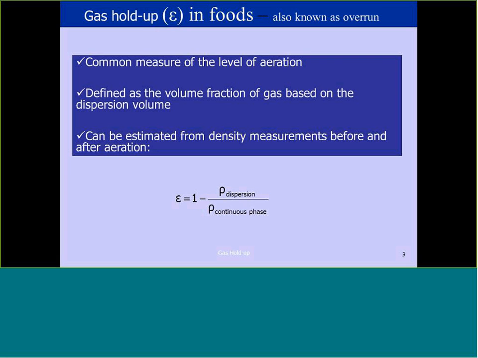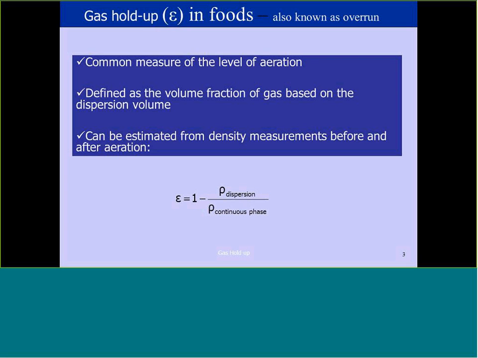Therefore, we have a volume fraction here, and that volume fraction can be easily measured on the basis of density. It's a very easy measure, and the density can be related to the volume fraction. So it's not a difficult experiment to do.